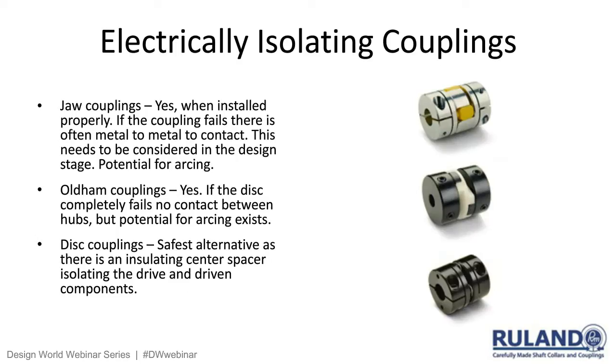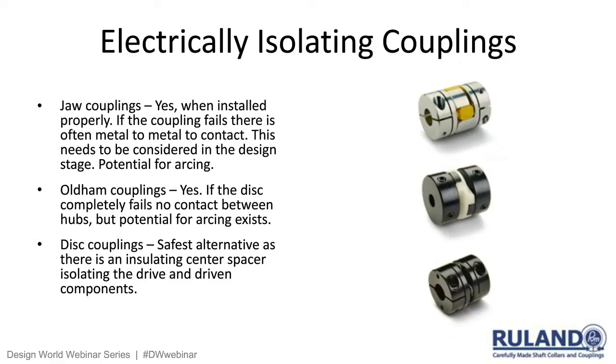These are some of the designs that have some level of electrical isolation. Jaw couplings, when installed properly, can be used for electrical isolation. Oldham type couplings, which is the middle picture, can be used, that's a possibility.